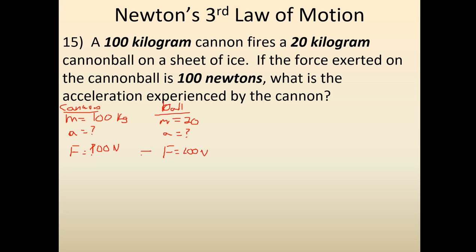These two numbers have to be the same. Now I can see what I have to do. I have to do F net equals ma, use the force that the ball feels, and therefore the cannon, use its mass, and I get that the acceleration is 1 meters per second squared. And that's it.